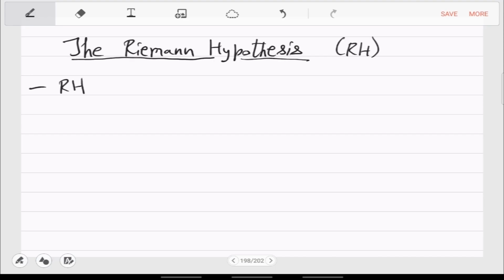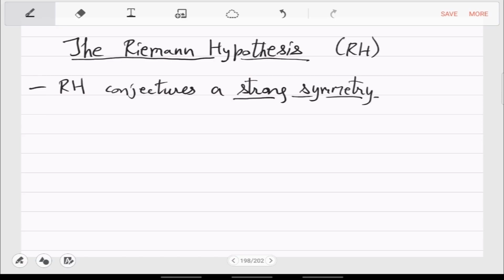So the Riemann hypothesis conjectures a strong symmetry, namely that all these alpha_i norms are equal.